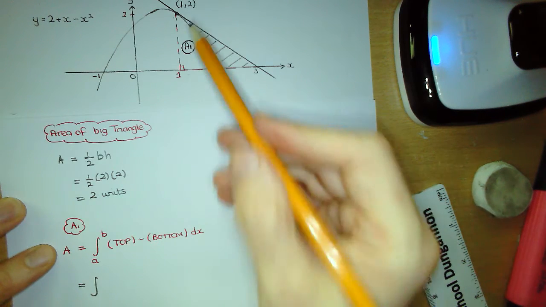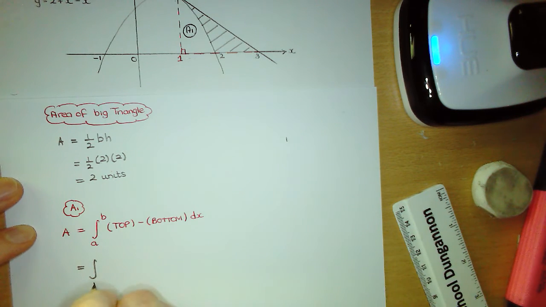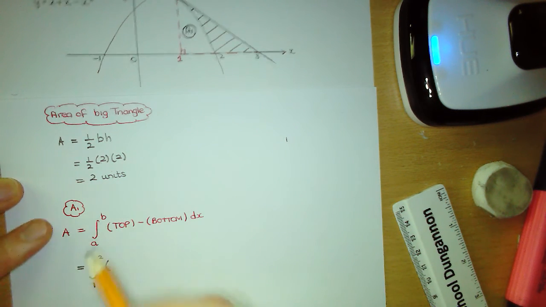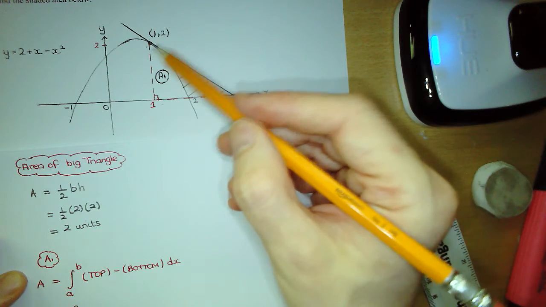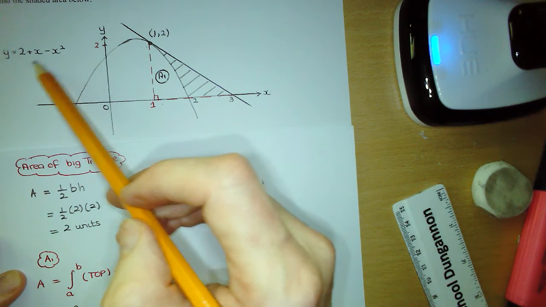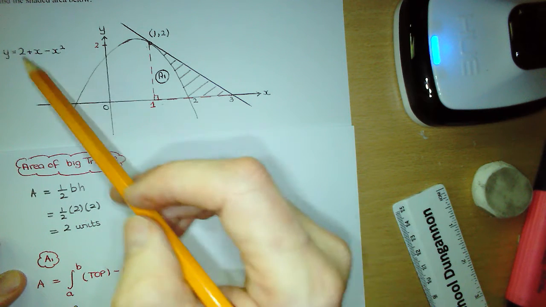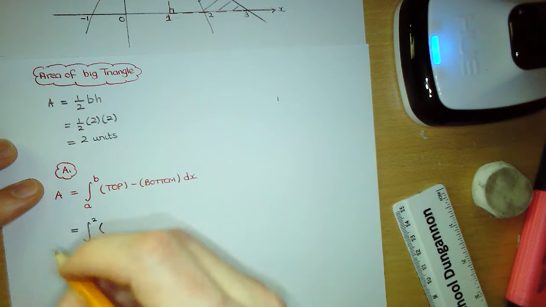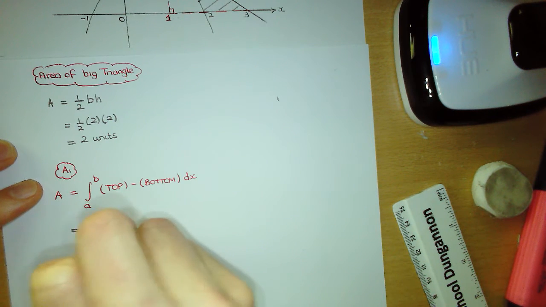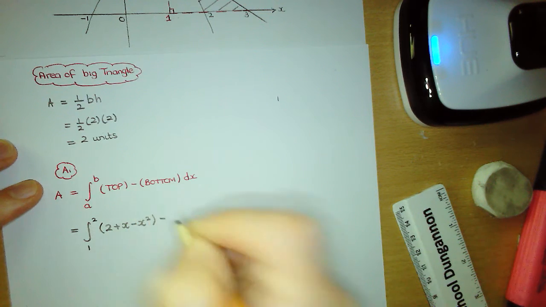So let's sub in all the information. So to get A1, we're integrating between 1 and 2. So the bottom limit is 1, top limit is 2. Open brackets. Now the top, so which curve is above this area A1? Well, it's clearly the actual curve, which is this, y equals 2 plus x minus x squared. So we're subbing in the non-y terms, 2 plus x minus x squared, and then we're subtracting.